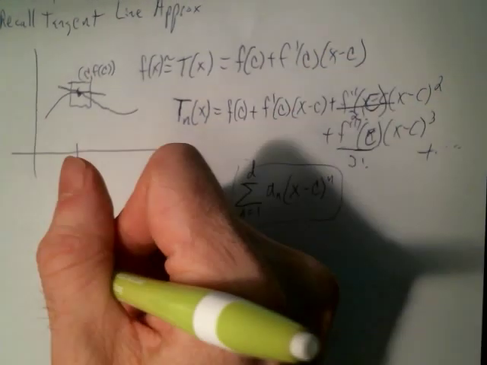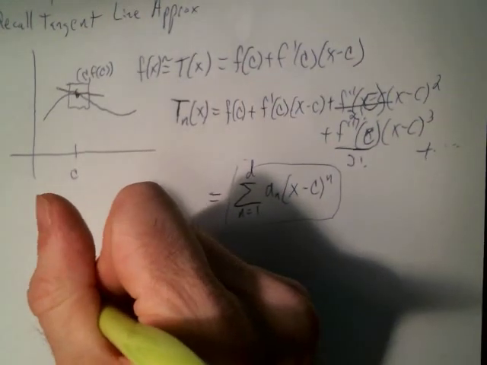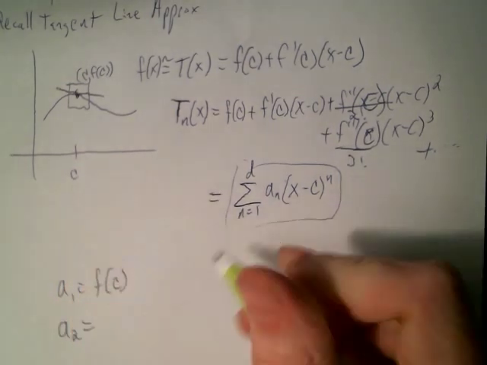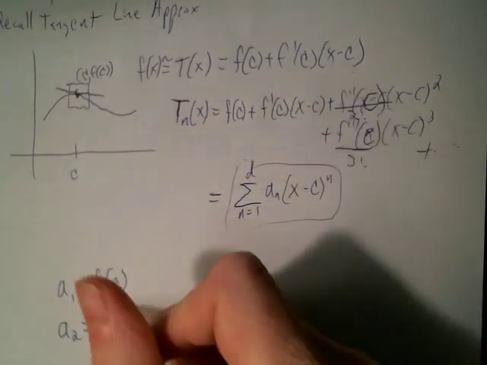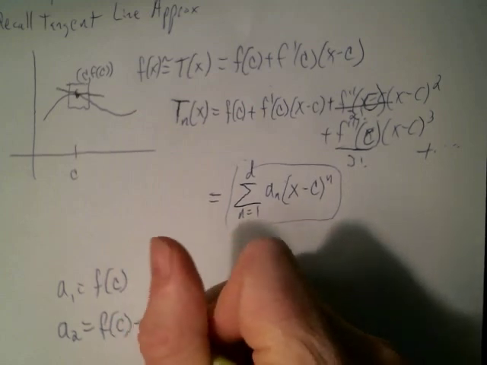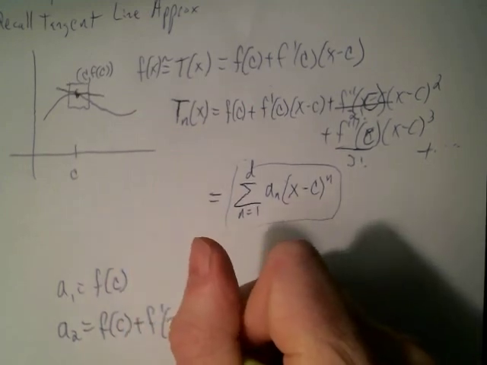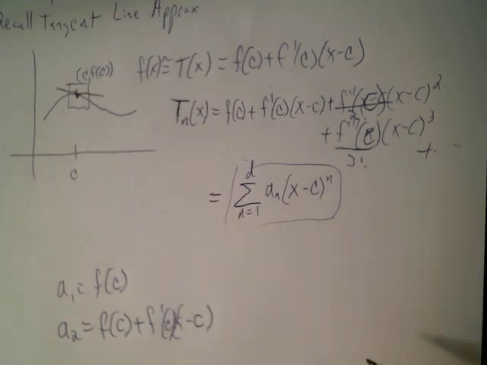You can think of it as the first term is f of c. The second term then is f of c plus f prime of c times x minus c.